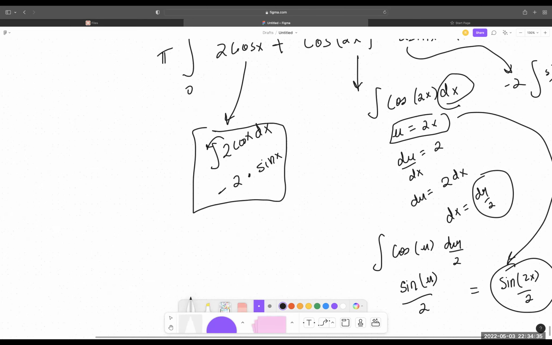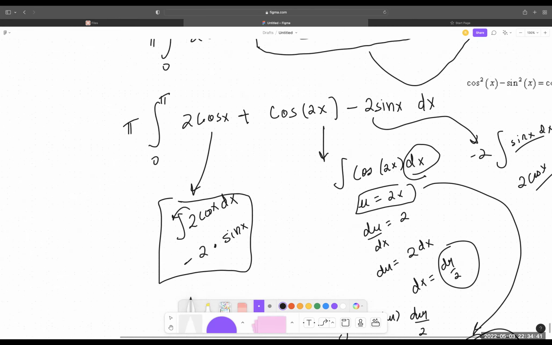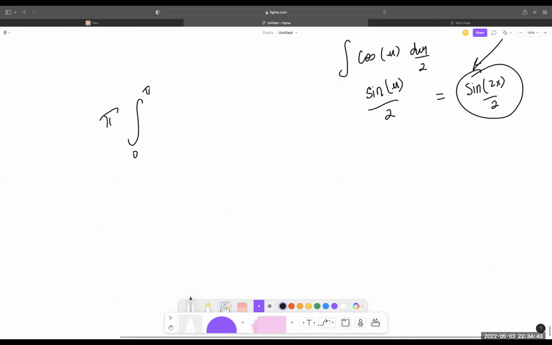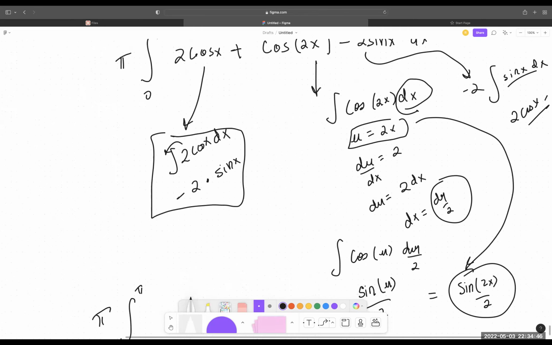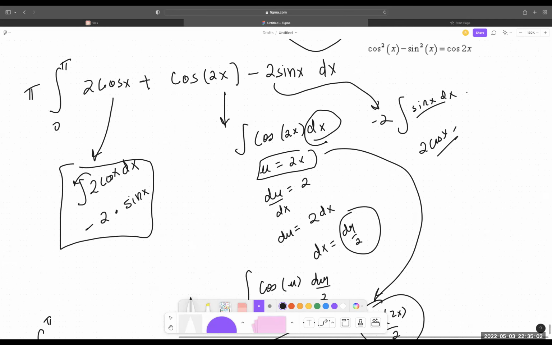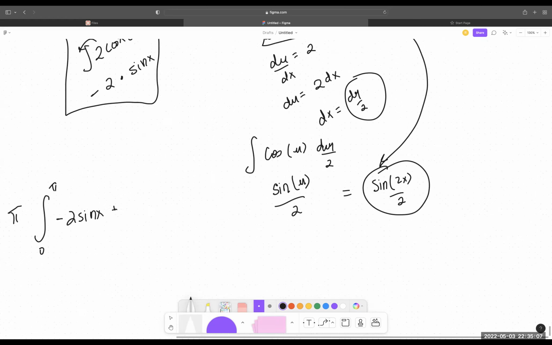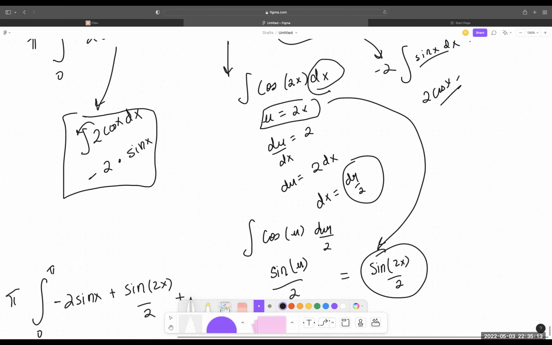So we merge all of these together. We're going to get the integral from 0 to pi times pi, of course, multiplied to the integral of 2 cosine x, which is negative 2 sine of x. Actually, why am I doing this?